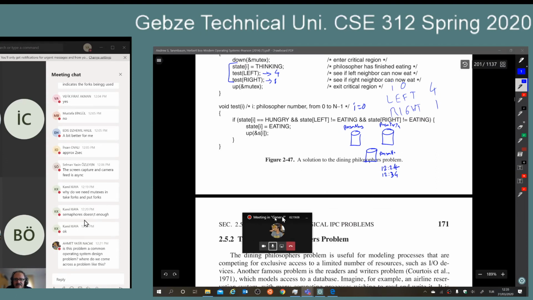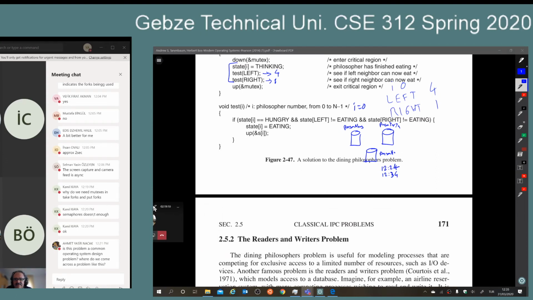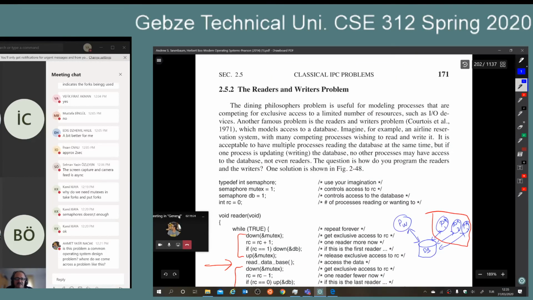Sometimes the examples that we give you with this class might be not very practical examples, but these are actually practical examples. There is one more example from the book, the Readers and Writers Problem. That's an important problem too, but if you are interested, just look it up. It's a nice problem too.